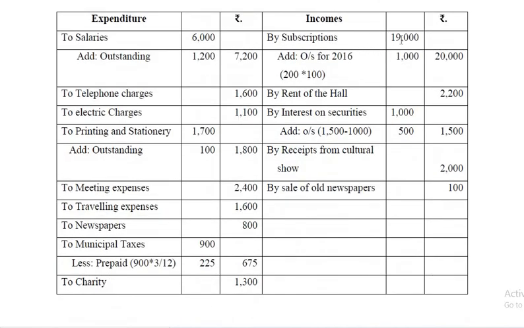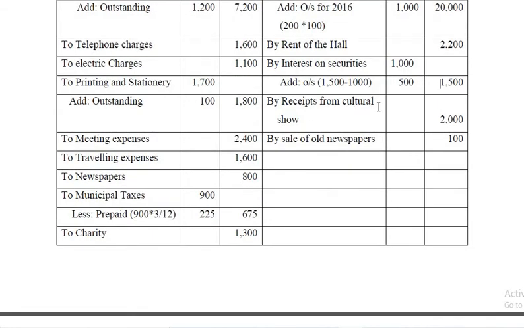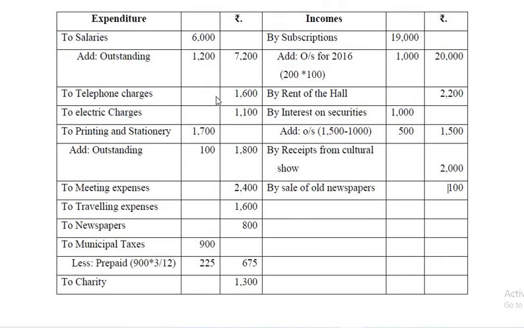In the income and expenditure account, 19,000 received, 1,000 outstanding, so 20,000. Rent of hall. Interest on security 1,000 received, 500 outstanding, that is 10% of 15,000, together 1,500. Receipts from cultural show 2,000, sale of old newspaper 100. Here salaries, add outstanding, 7,200.